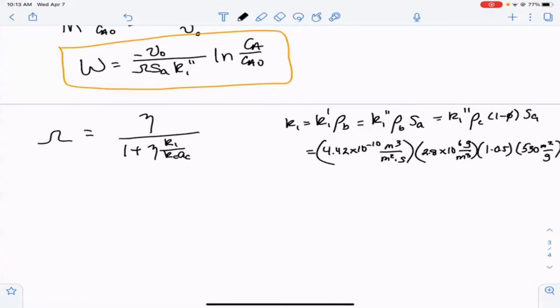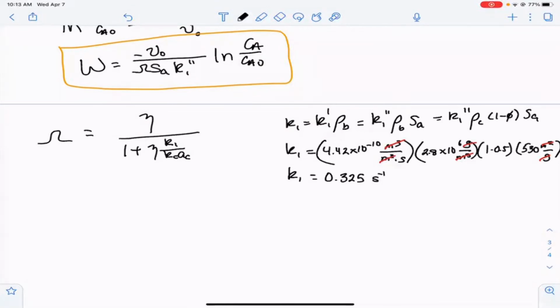Okay, and so now we can find the value for K1. So the cubic meters will cancel, grams cancels, meters squared cancels. So we're going to get something that's just inverse seconds. And this is 0.325 inverse seconds. Good. All right, so we got K1.